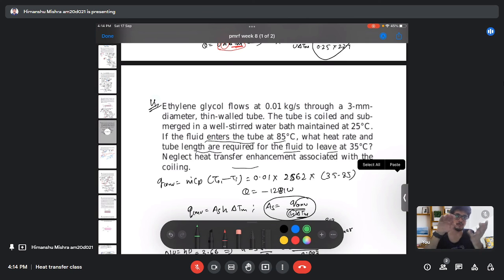Since we have two fluids, we have two outlet temperatures and two inlet temperatures. So we looked at a couple of questions where we find the outlet temperature or the mass flow rate, heat transfer, and then the log mean temperature difference to find the area and geometry specification of the heat exchangers.